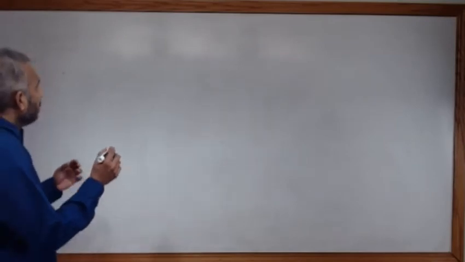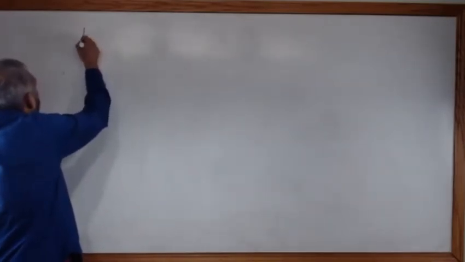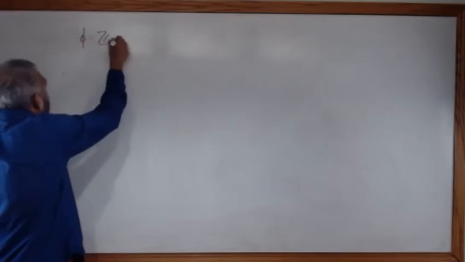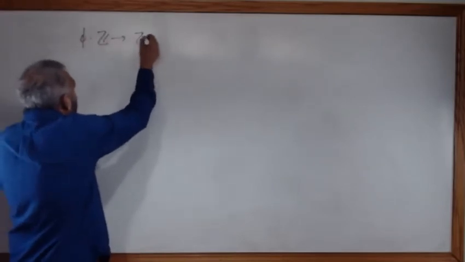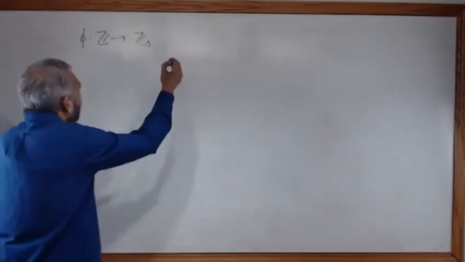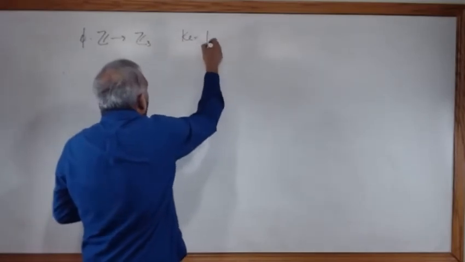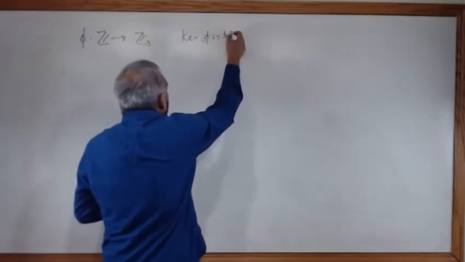Now let us review that example of the homomorphism phi from Z to Z3. And we know that the kernel of phi is equal to 3Z.